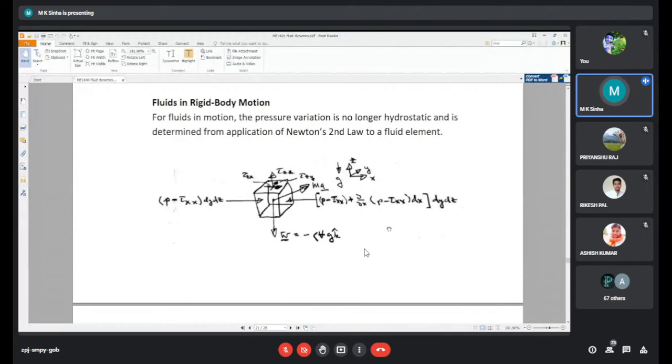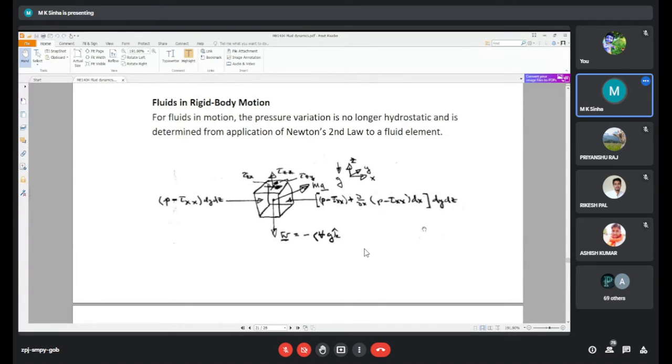Let us come back to our generalized fluid mechanics, where the fluid is treated as a solid body. Here the free body diagram of a Cartesian fluid element is shown, and the resultant forces acting are given in the figure: weight, that is volume into g, acting downward, as our axis is upward, and pressure force and shear stress force acting from the Taylor series.